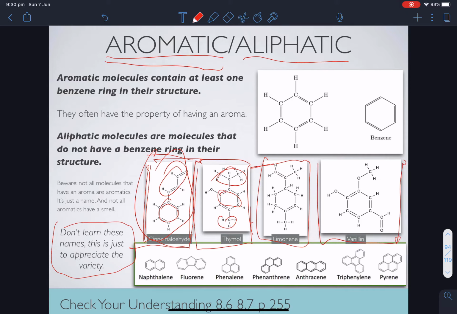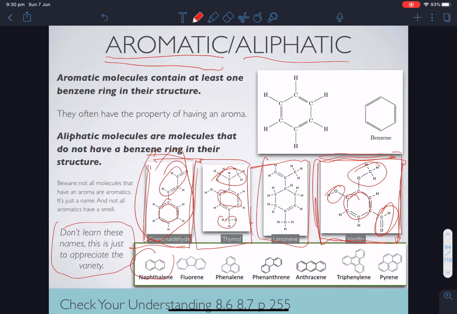And then we've got vanillin, which is one of the main compounds that gives vanilla its smell and taste, but not the only one. It's got this cyclic group, and next chapter, aldehyde, alcohol, and methoxy. But anyway, next chapter.